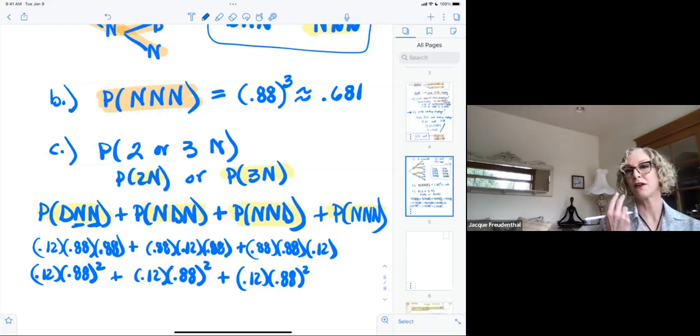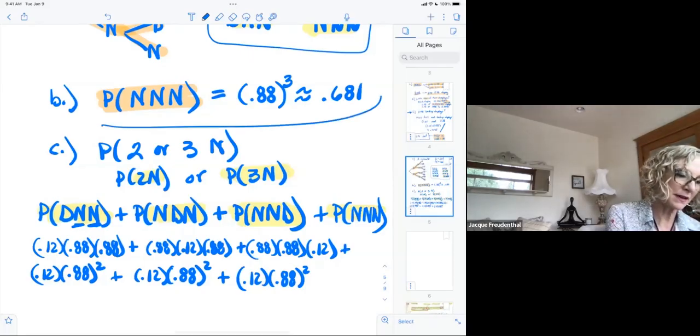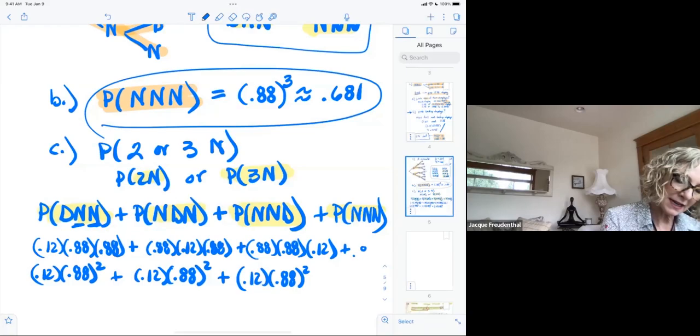So if I have 4 times 5, that's the same as 5 times 4. So I'm choosing to write my multiplication in this way because I'm leading you into chapter 6, writing this as the defective part and then the not defective part. And then the last one we had just computed from up here. So 0.88 to the third power.